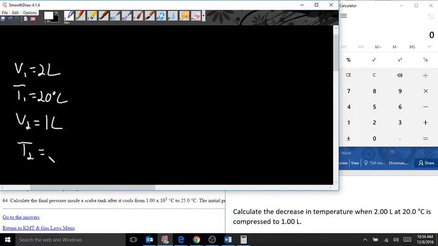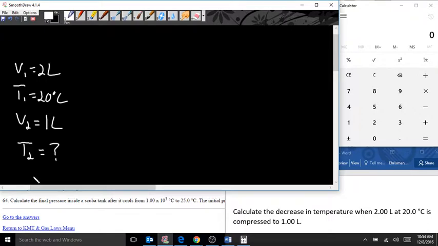They want to calculate the decrease in temp when 2 liters, so volume 1 is 2 liters, at 20 degrees Celsius, so that's my starting temp, is compressed to 1 liter. So 1 liter is my volume 2. And right away, they told us what we were looking for: calculate the decrease in temp. So we're looking for T2.